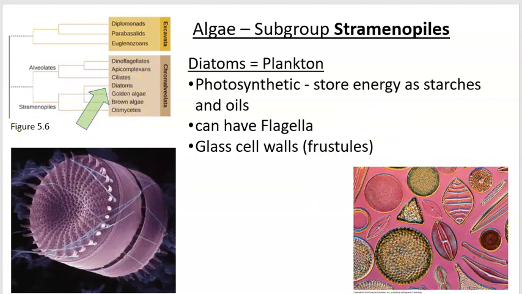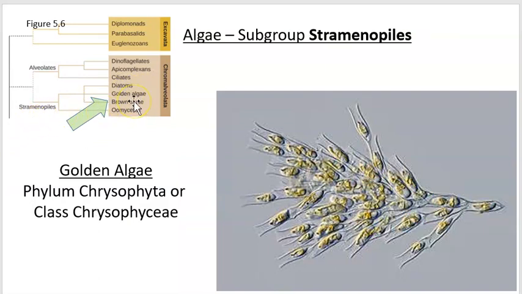So that's our diatoms, and if we look at our golden algae, they're quite beautiful in terms of the structure, and these guys go back and forth. The taxonomists have been fighting about this. They can fit into the phylum Chrysophyta or also the class Chrysophyceae. And it's basically a group of golden algae because of the pigments.